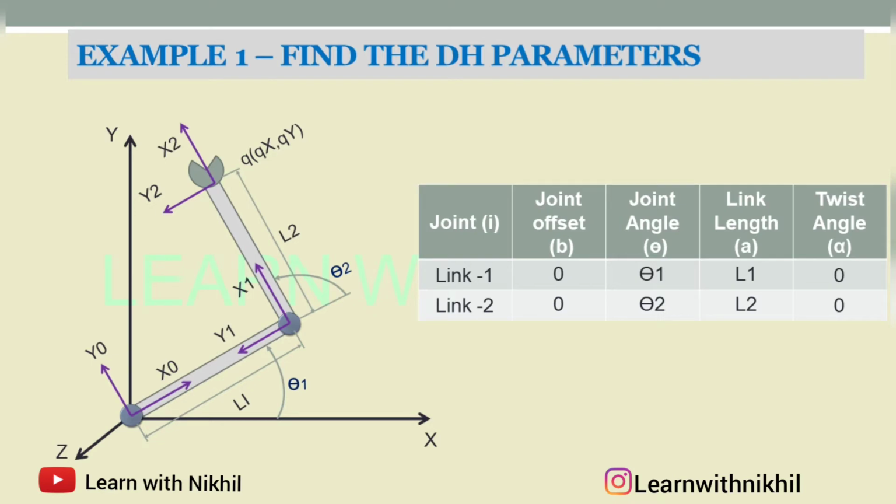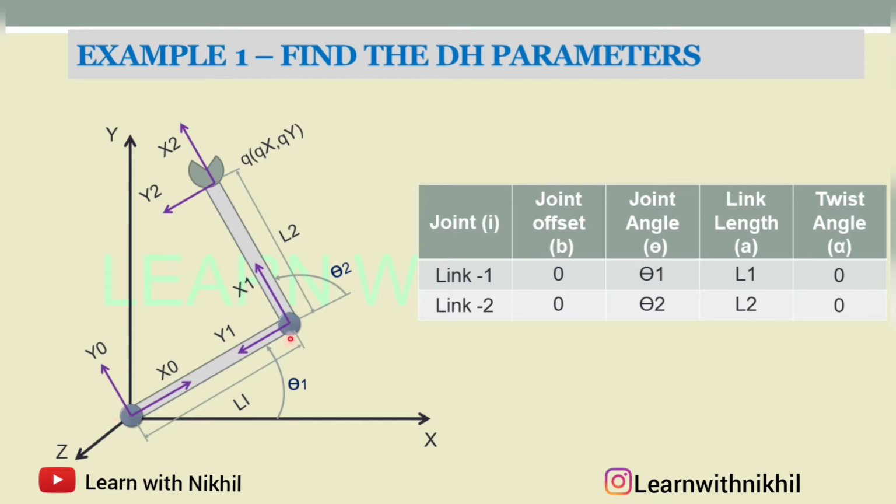So this is the example we have studied earlier in our previous lectures. We have found the DH parameters. If you want to study this again, you can go to the previous lectures and see how I have found the DH parameters for this particular robot. In short, this robot is 2-dimensional. The z-axis is coming outwards.